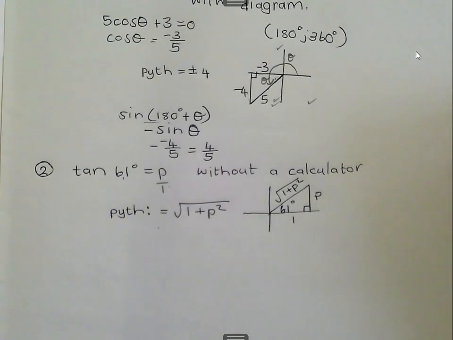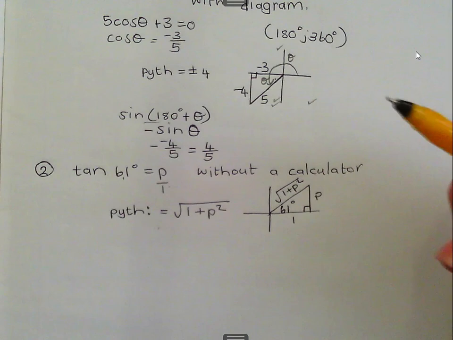And now they can ask me anything. Whether they ask for the cos of 61 or the sin of 61, doesn't matter, you just read it from the diagram. Remember, the cos of 61 has got nothing to do with the fact that it's 61. They can put in 12 there as well. You're not using a calculator, so it makes no difference.